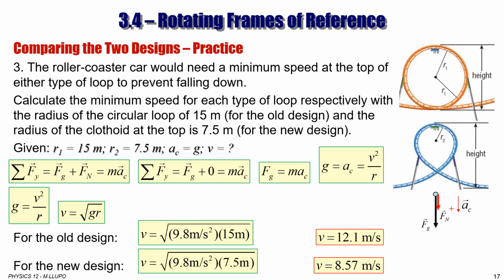So obviously it's not really half, but it improves a lot. From 12 meters per second, which you can convert to 43 kilometers per hour, it's fast. And the car has to move at 8.57 meters per second in that smaller loop.